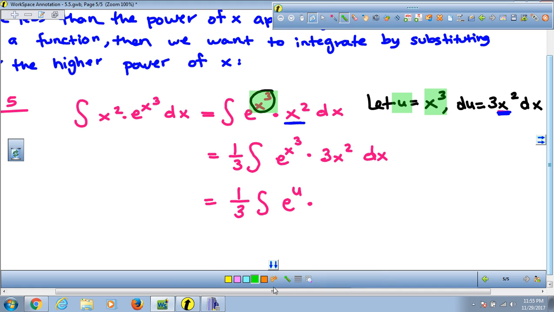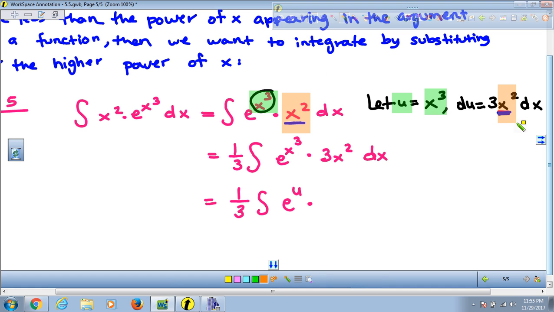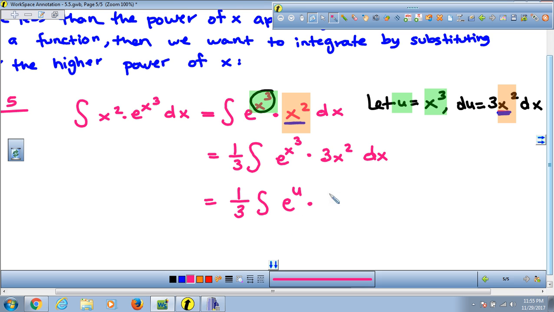What's 3x squared? Let me get another highlighter. X squared is this piece of this derivative right here. Okay. So then we're going to rewrite this 3, that's this 3. And then the x squared is just going to be du. Okay, so as a matter of fact here, this entire thing, I am able to replace it by this entire thing.